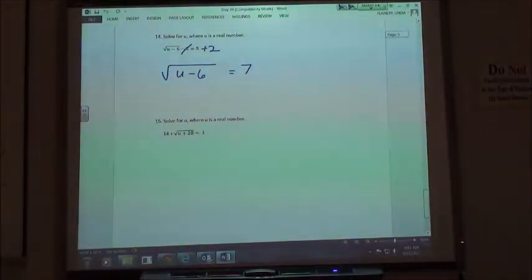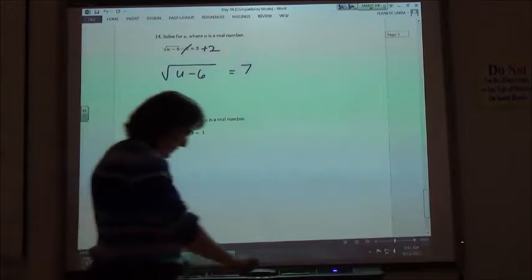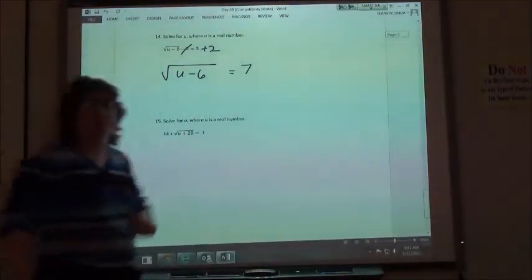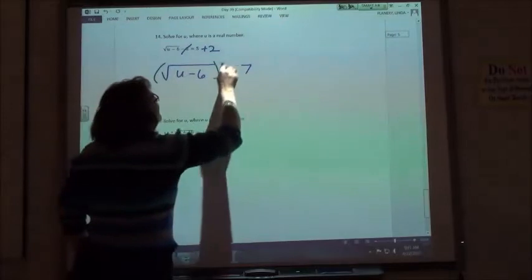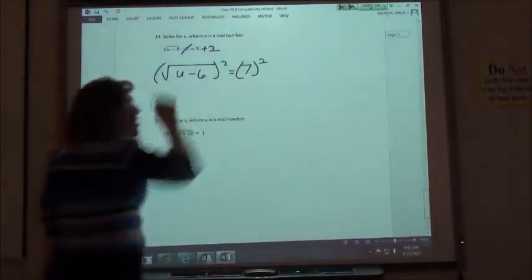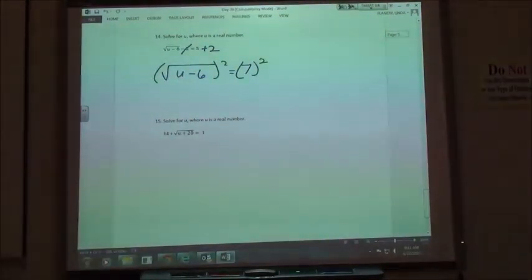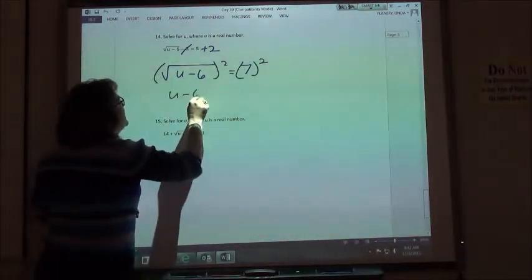So what do I do with that? Exponent of 2? I'm going to square both sides. Yeah, square both sides. And if I square both sides, which am I going to get? U minus 6 equals 49.